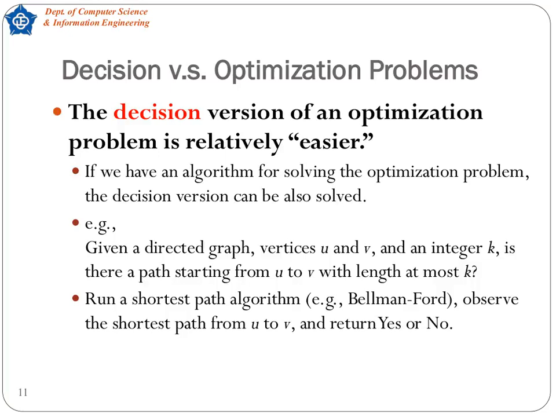To tackle it, just run your favorite shortest path algorithm, say Bellman-Ford, to compute the minimum distance between U and V. Then check, is that distance no greater than k? If yes, answer yes. Otherwise, answer no. It's that straightforward, and it shows why having an optimization routine on hand makes decision versions a breeze.